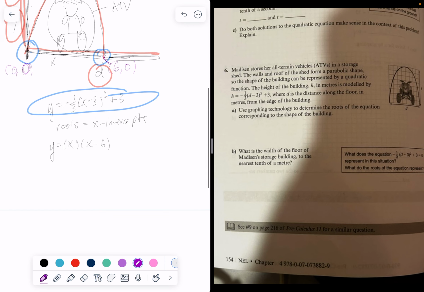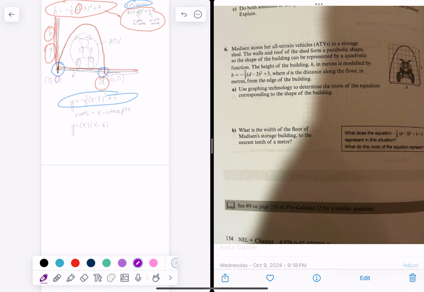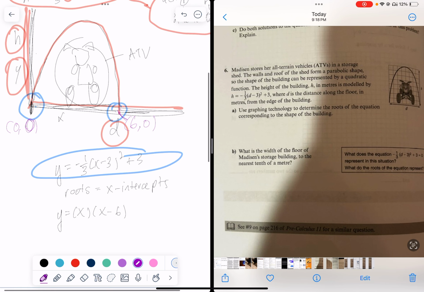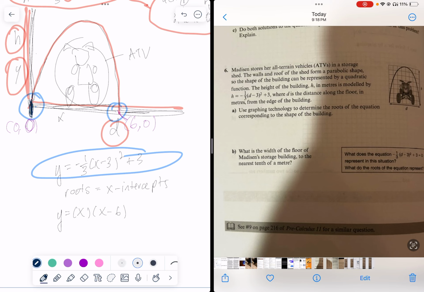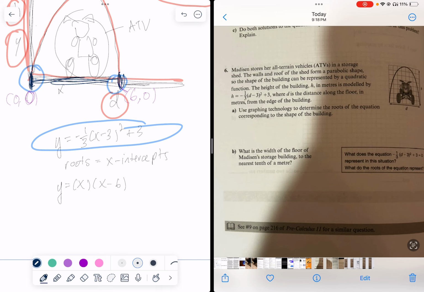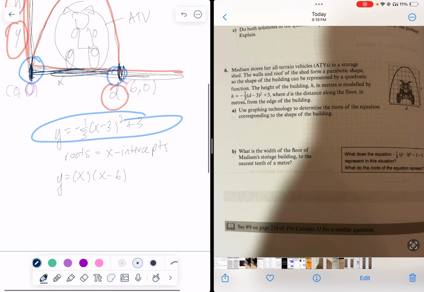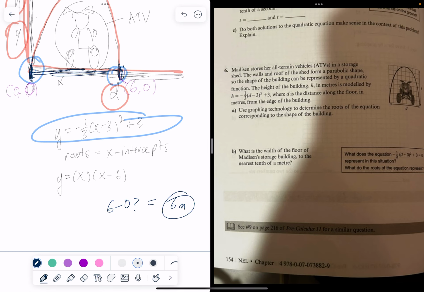The width is the distance between here and here. Since we have the actual points on the graph, can we not just do 6 minus 0? Yes, we can. It's just 6 meters. All right, that's how you do the first question.